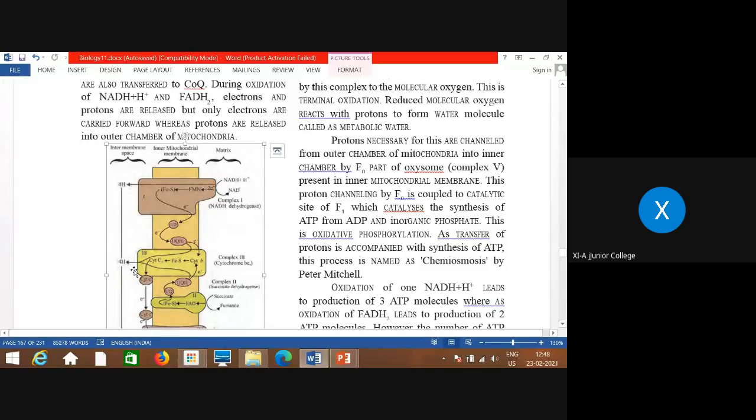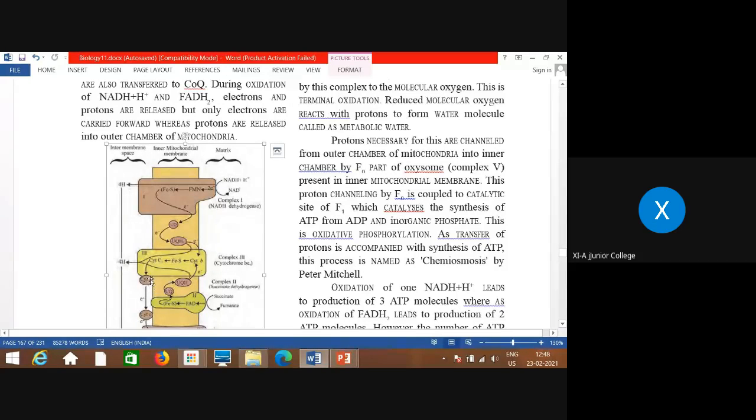Then from BC1 to C, these electrons are carried to cytochrome C. This is a small iron containing protein. These are all iron containing proteins, of different types. Okay.